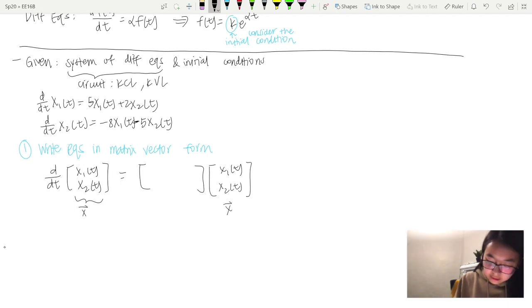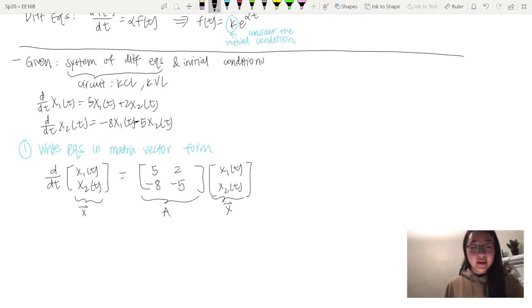This is the normal format, and if you fill in these equations appropriately, you'll get 5, 2, -8, and -5. We usually call this our A matrix, but it can be any letter in general.